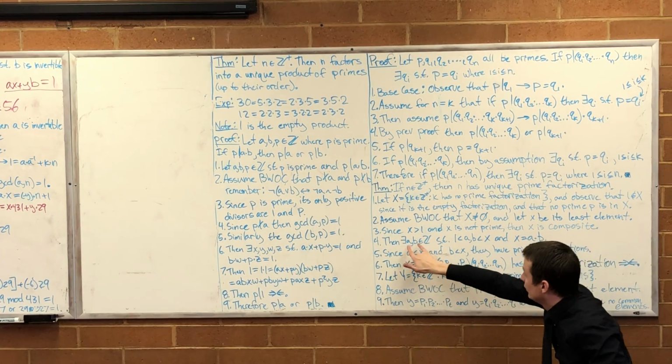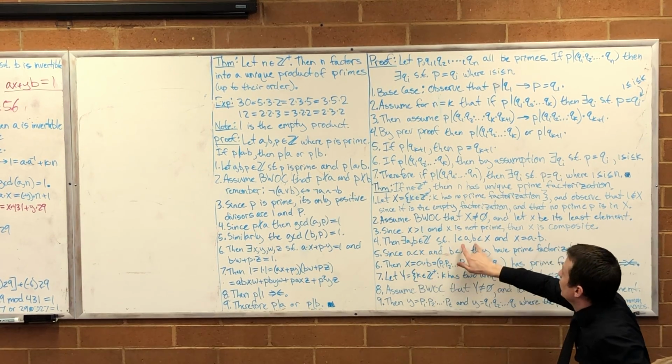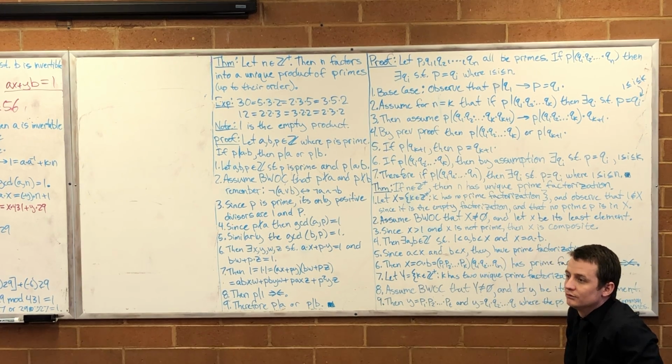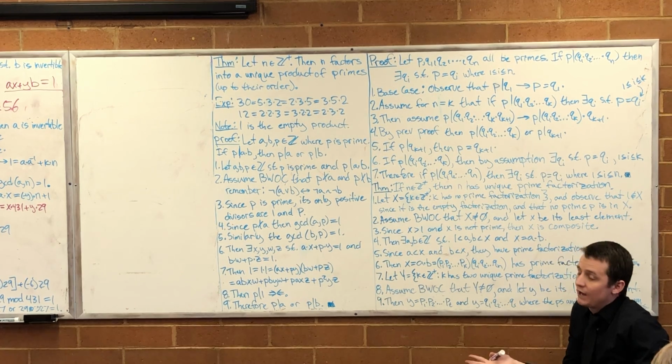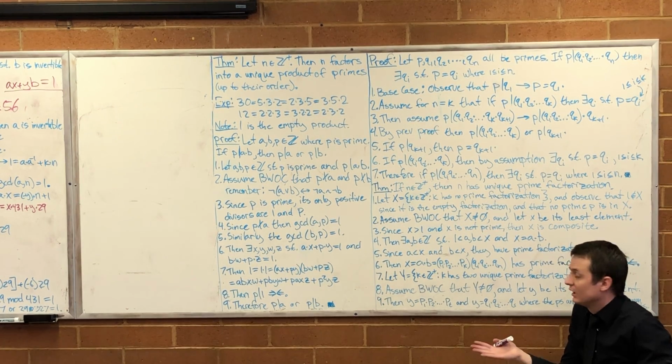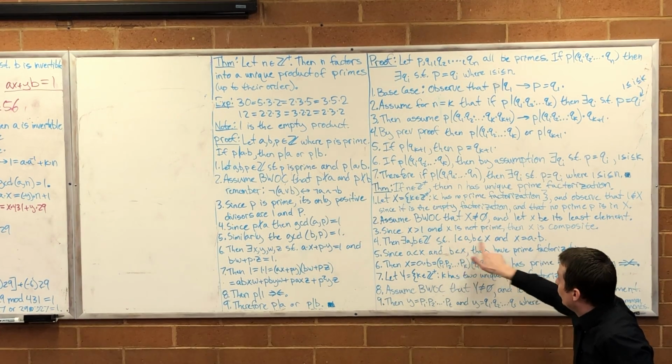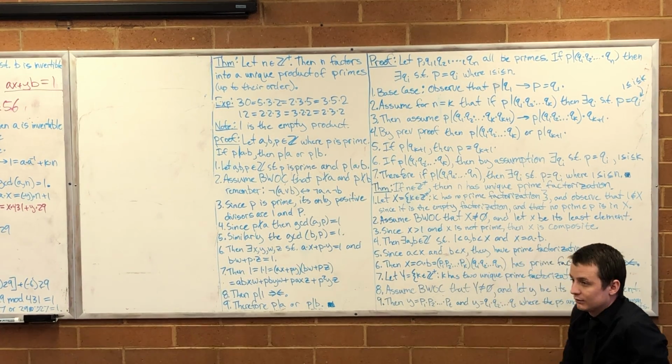A number is composite if it has two integers a, b, between 1 and x, such that the product gives you x. What's an example of a composite number? 6. How do I know that 6 is composite? Because there exist two integers, namely 2 and 3, that are between 1 and 6, such that their product gives me 6.